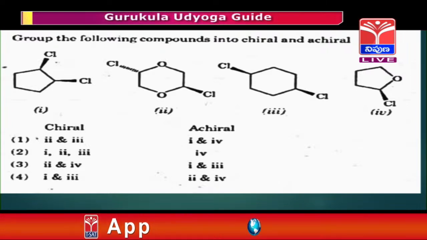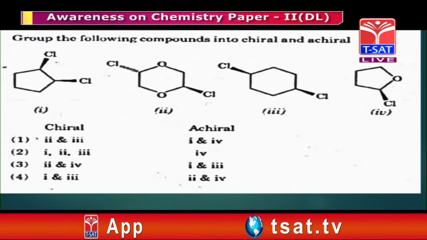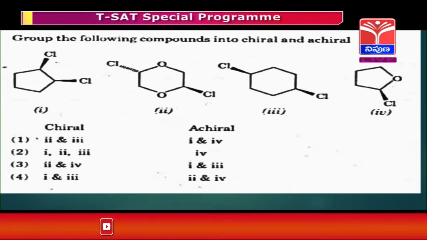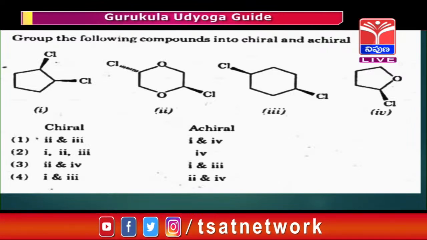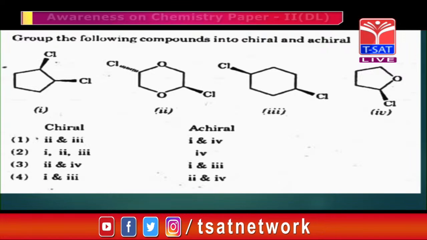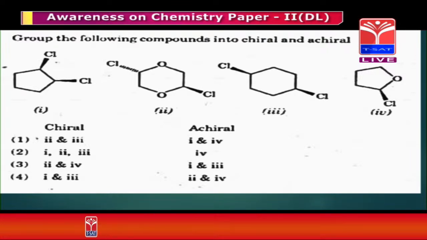So 1 and 3 are achiral, 2 and 4 are chiral. This is related to the concept of symmetry: chiral molecules are free from all symmetry elements like plane of symmetry and inversion.